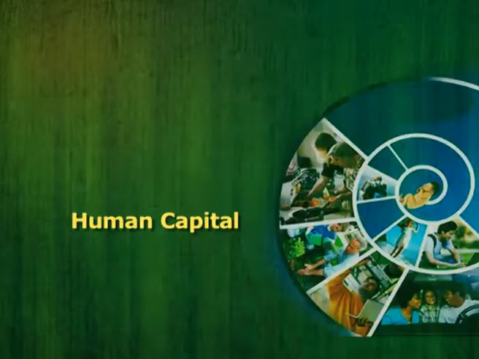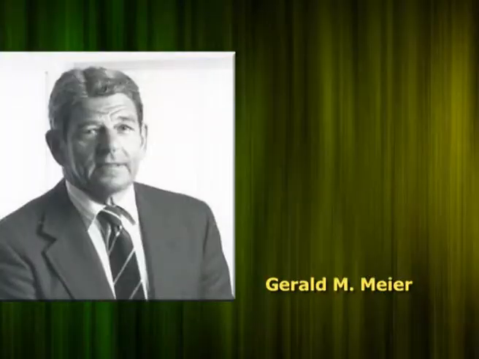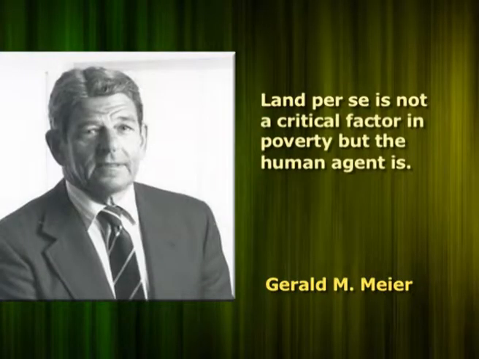Human capital. Gerald Meier asserts that land per se is not a critical factor in poverty, but the human agent is. Poverty arises because of inability of human beings to make best use of land and capital.